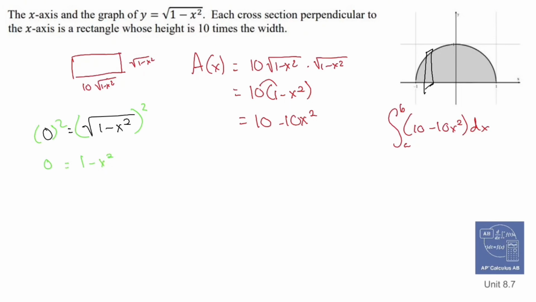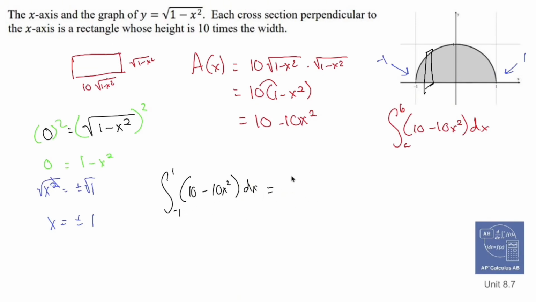Let's add x squared to both sides, so x squared equals 1. Square root everything, positive or negative, and x equals plus or minus 1. So you are going to be negative 1, you are going to be positive 1, and I just now realized that it already told us that. So whatever. I'm going to integrate from negative 1 to 1, 10 minus 10x squared dx.